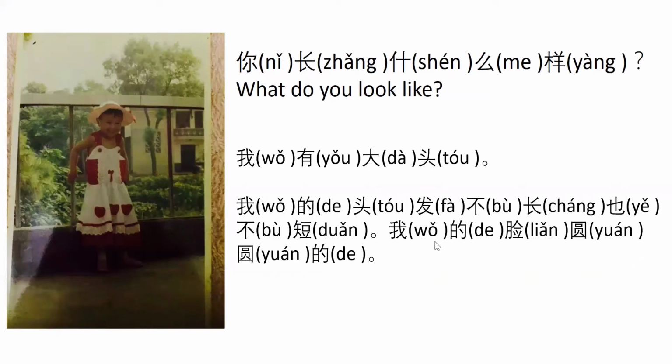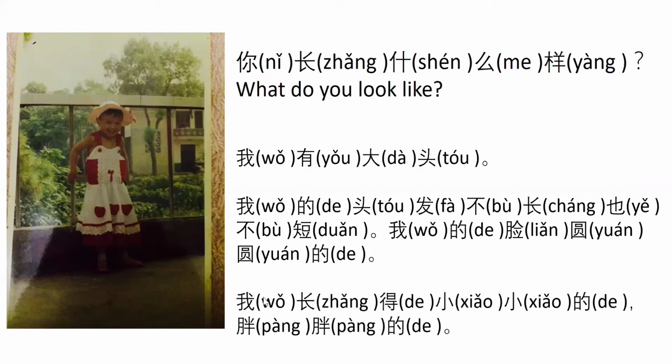Second one, 我的脸圆圆的. My face is very round, which is true as well. The third sentence, 我长得小小的，胖胖的. I look very small, very chubby. So these are the 3 sentence patterns that I used to describe myself when I was little.